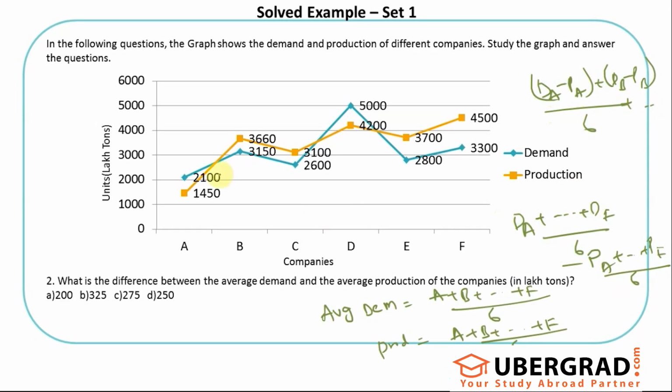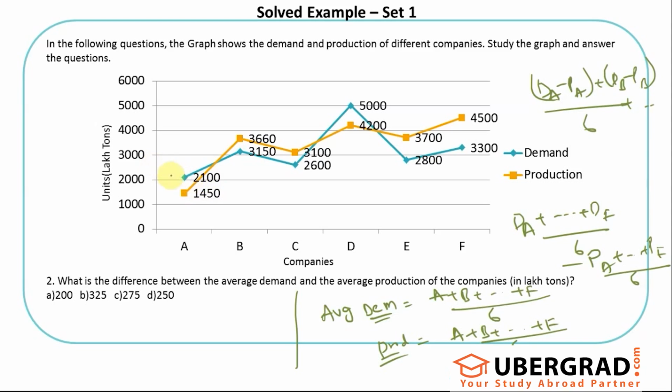If I do the individual calculation, then sum it up and divide by 6, that should be faster than finding the individual averages, because I'd need to sum up 6 and divide by 6 for the average demand, similarly do the 6 sum for average production and then subtract, versus just doing the individual subtractions for 6, then adding them and dividing by 6, which is easier, especially considering the way the numbers are.